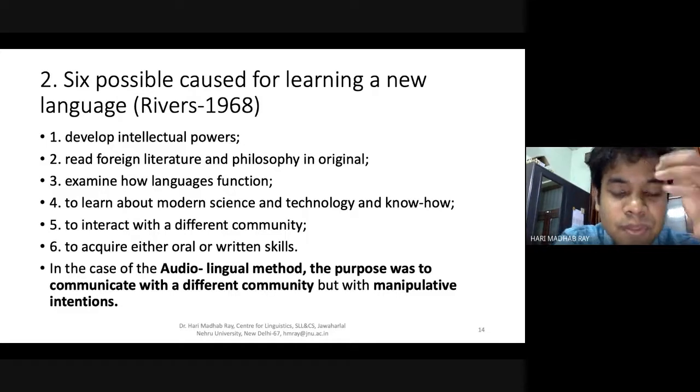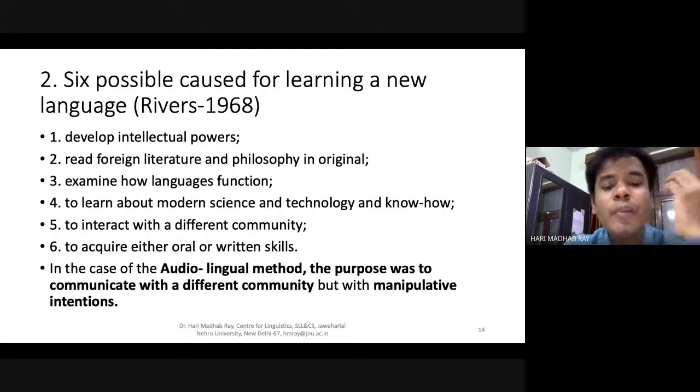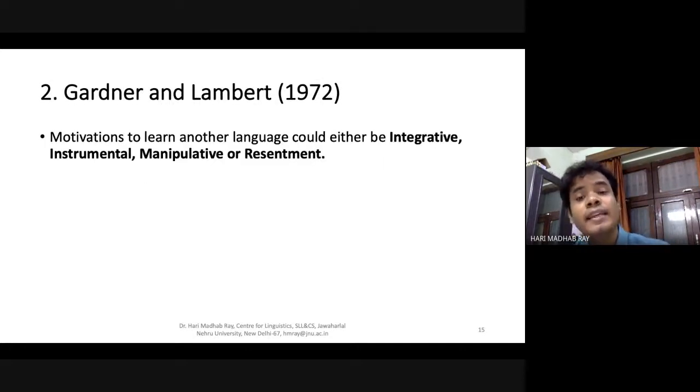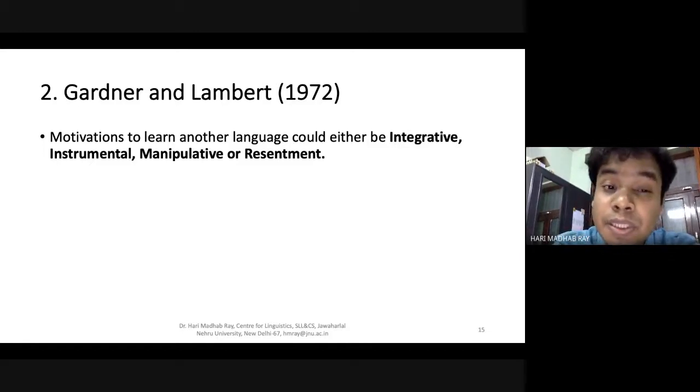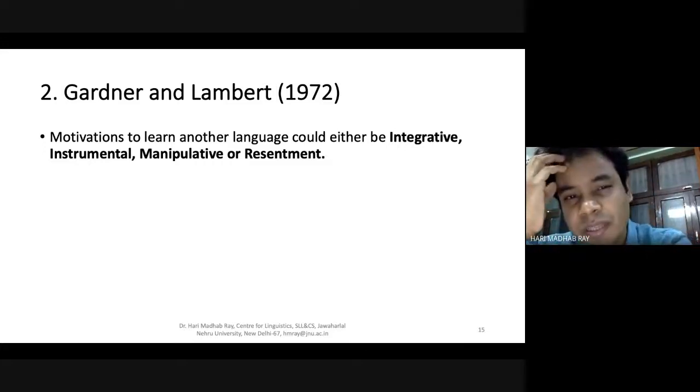Still, many governments, whether it's India, USA, Pakistan, Bangladesh, send their spies, and it has been going on. So you never know with the spy. And Gardner and Lambert, 1972, said motivations to learn another language could either be integrative, instrumental, manipulative, or resentment. So there could be different types of reasons for learning a second language.